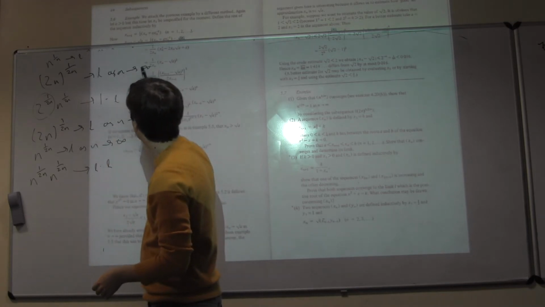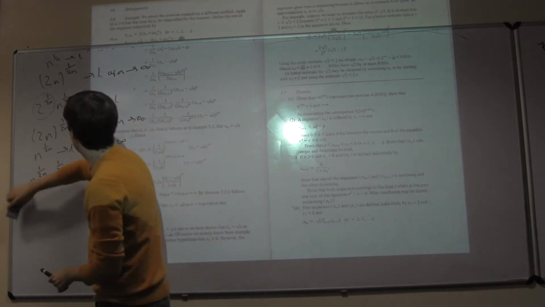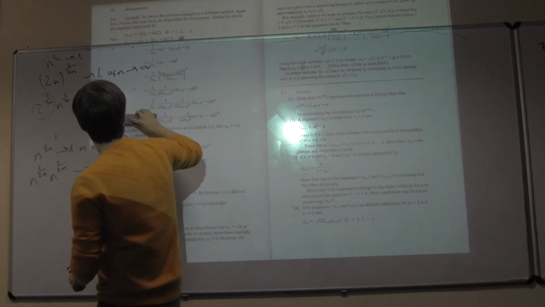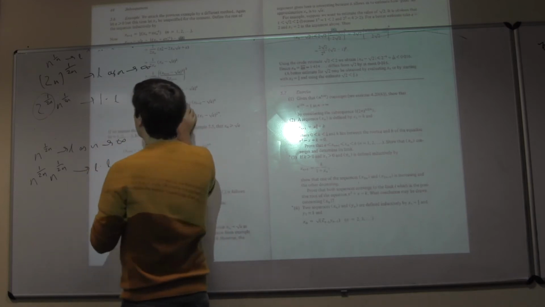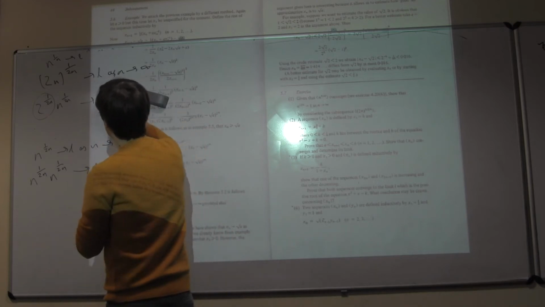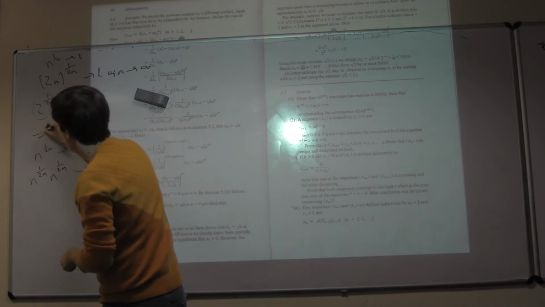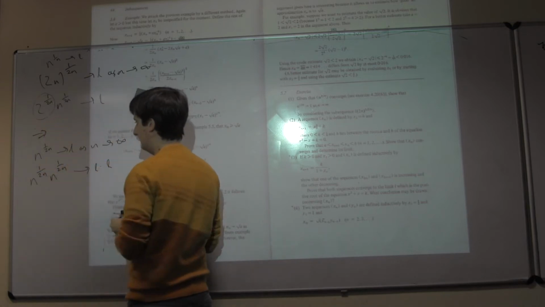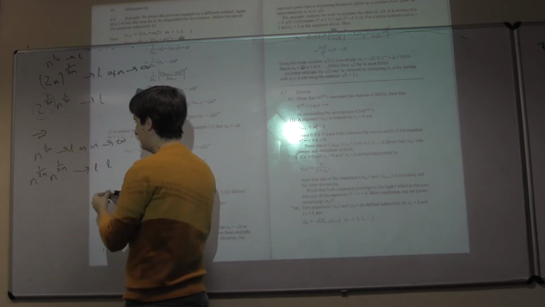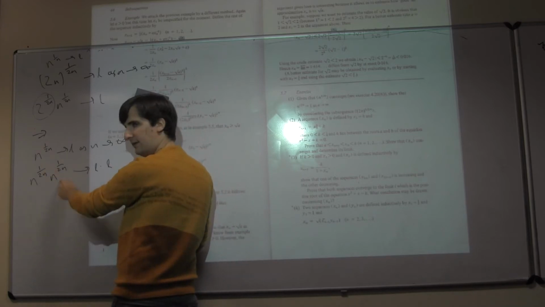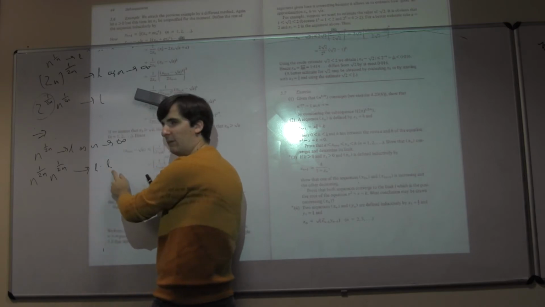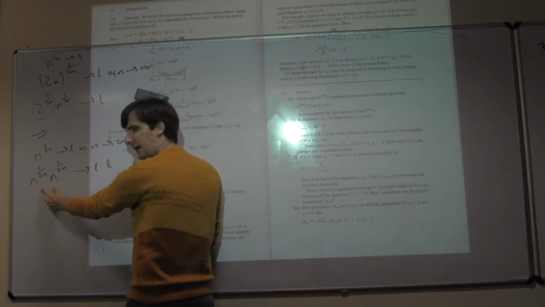Okay, so that line. This implies that n to the power of 1 over 2n must tend to L. So by the product rule, n to the power of 1 over 2n times n to the power of 1 over 2n must tend to L times L. But what's this thing here?